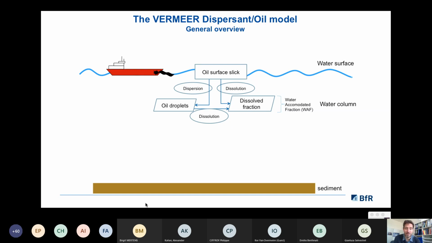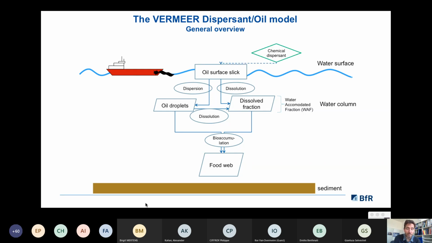So this is more or less what happens in the water. But then you have the exposure of organisms. And so you have some kind of contact of organisms with the oil droplets and with the dissolved oil components.